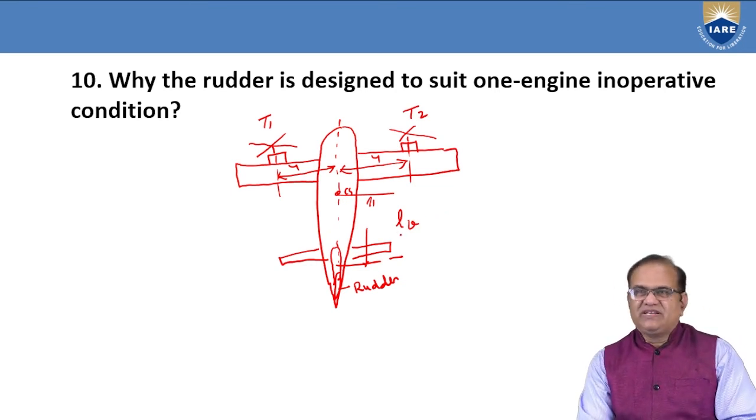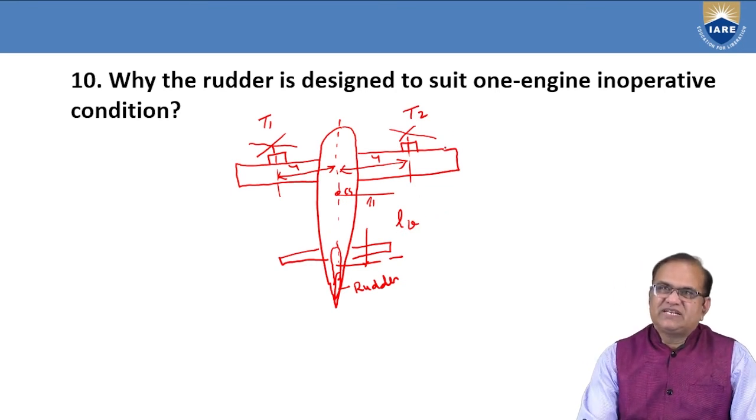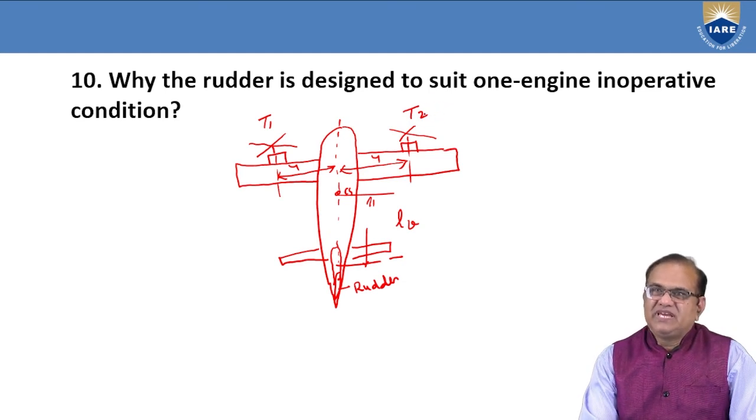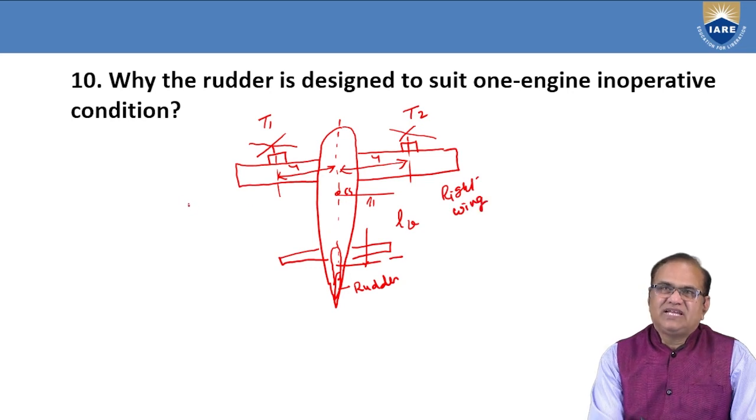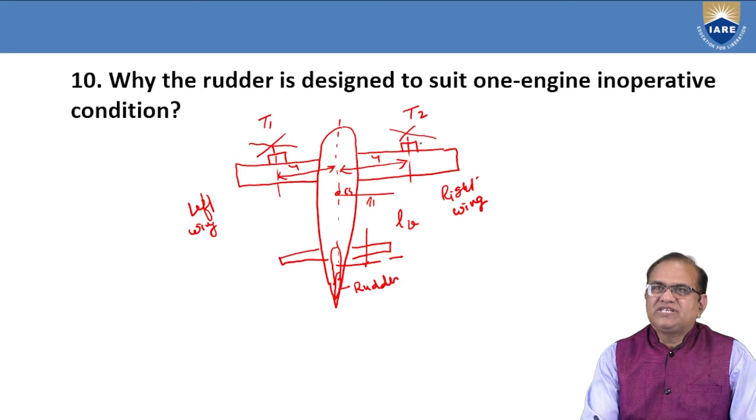This aircraft is flying. All of a sudden, T2 has failed. Engine T2, which is on the right wing of the aircraft, this is the right wing, and this is the left wing. So this engine has failed, so this is no use.